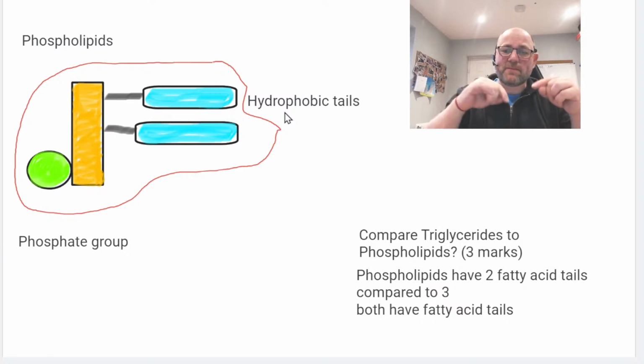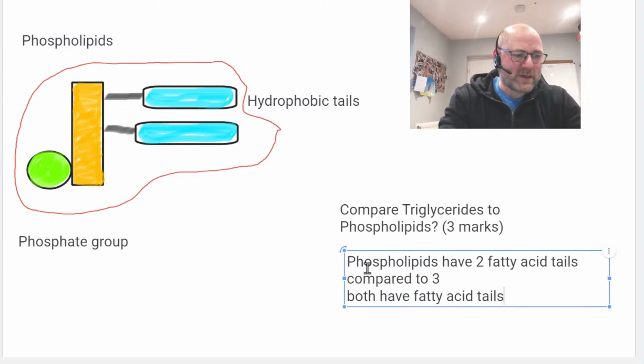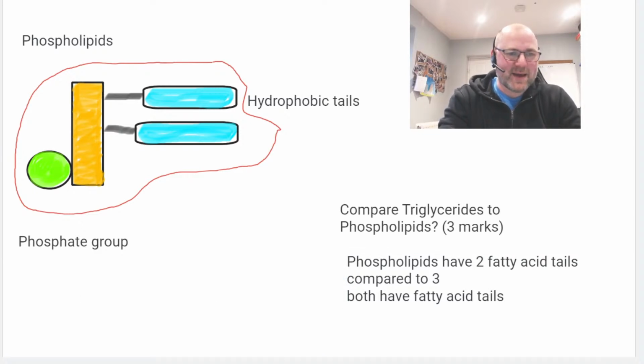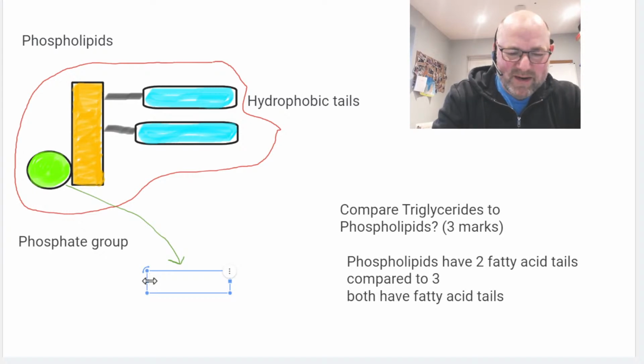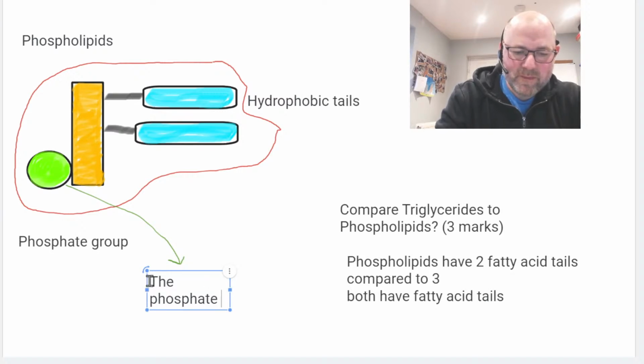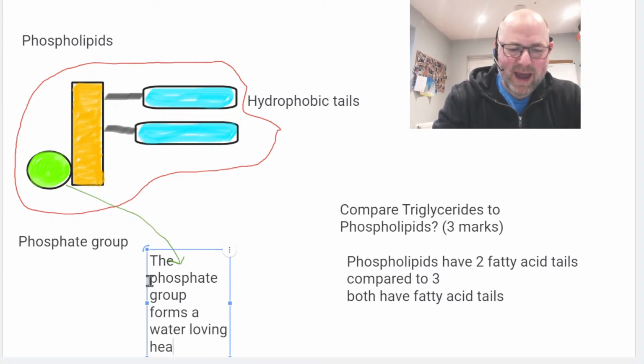Now, phospholipids have something extra. What did you notice about this drawing that's extra? Thank you, Ali Imran. There is a phosphate group. This is known as the phosphate group. It forms a water-loving head.